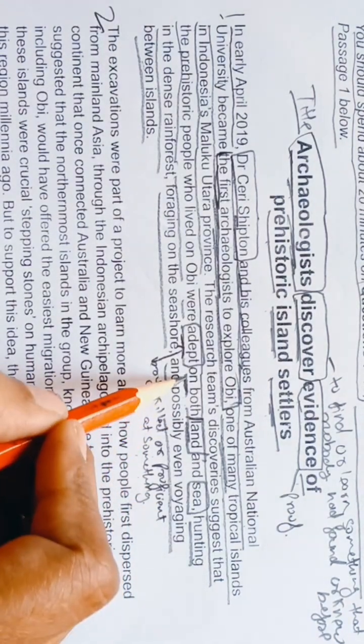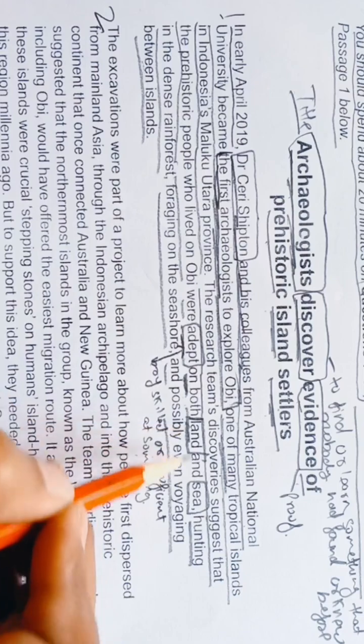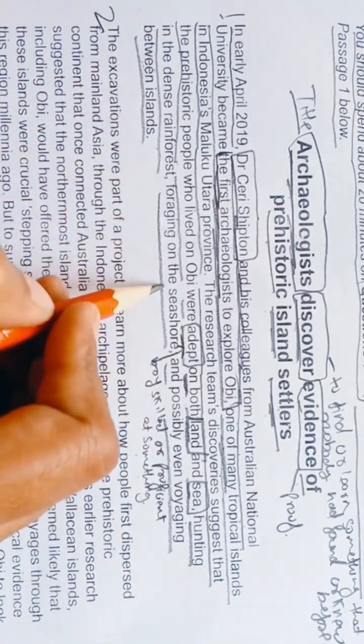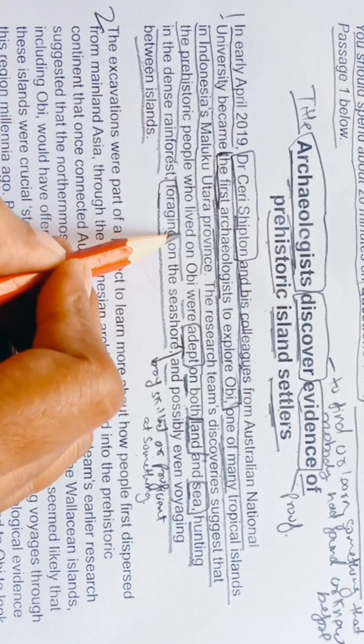So the people of Obai lived both on land and sea, hunting in the dense forest, foraging on the seashore. What do you mean by foraging?